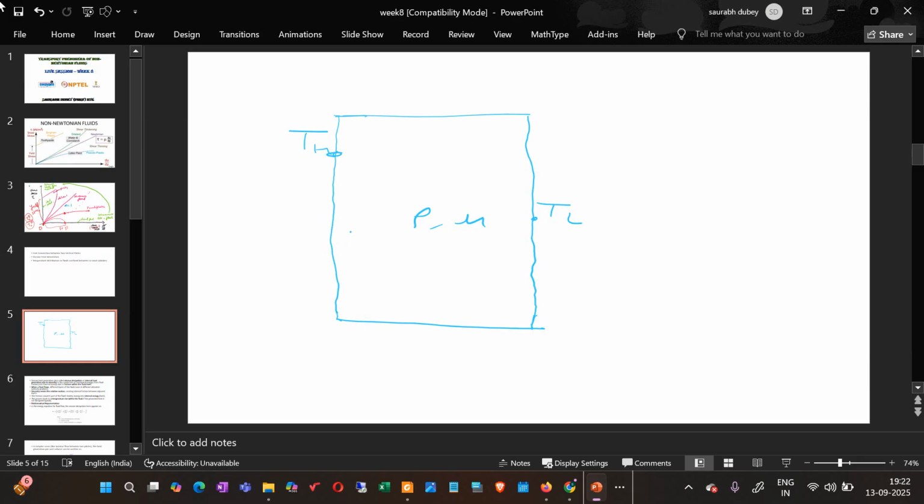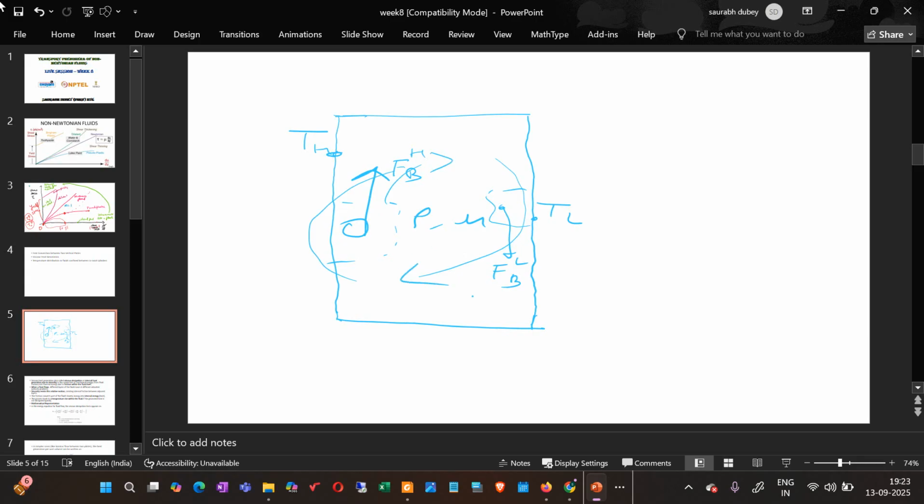Because of that, their density decreases, and the fluid of this region will become lighter, and because of that, the buoyancy force will be acting this side. For this reason, the buoyancy force will be acting this side at high temperature, and the other way at lower temperature. And that's why there will be circulation like this.